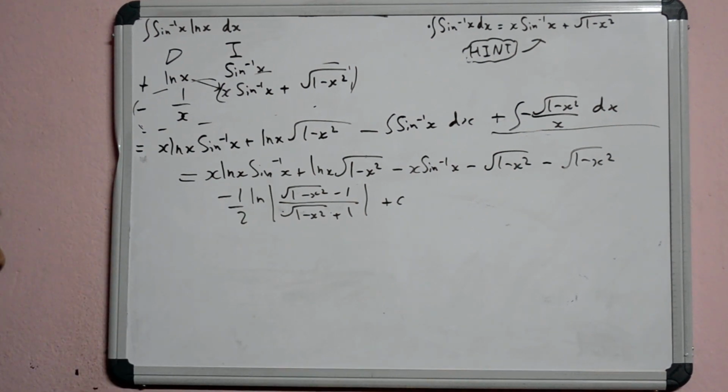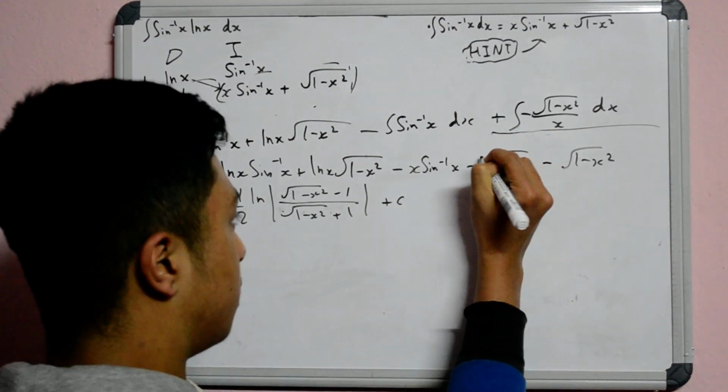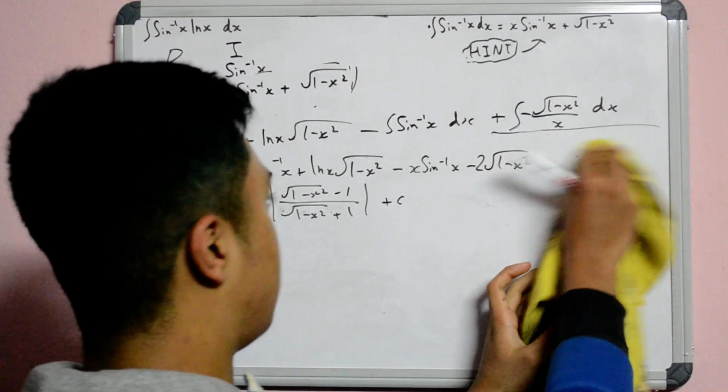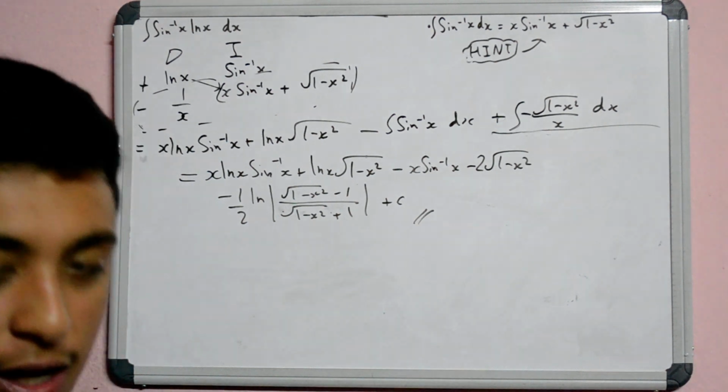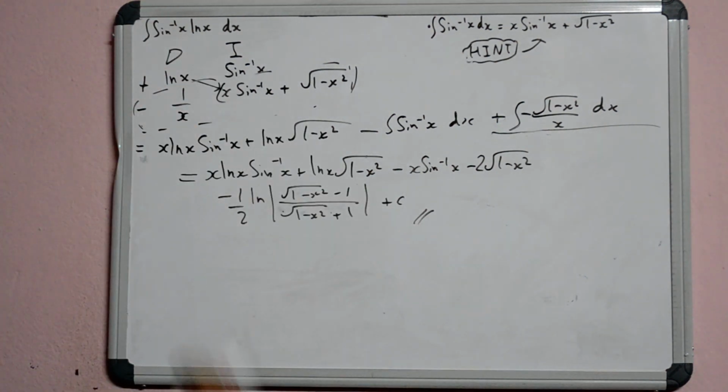And you can finalize right here because this is the same, so it is just 2, and just remove that, and I believe that is the answer for the integration of sine inverse x ln x.